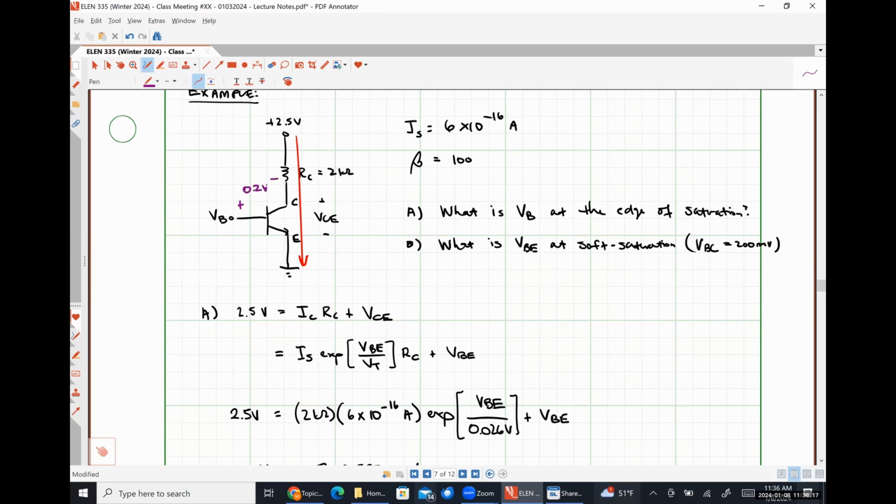Let's just call this 0.2 volts. And just for the sake of argument, let me explicitly make sure that you're aware the negative polarity terminal goes associated with that node. And I'm going to go ahead and put this voltage here as VBE, because that's still what we're solving for.